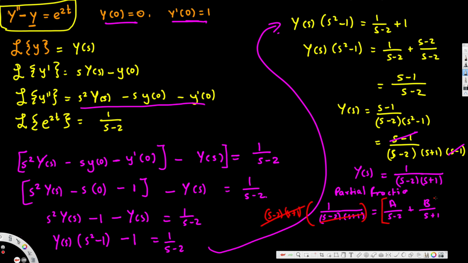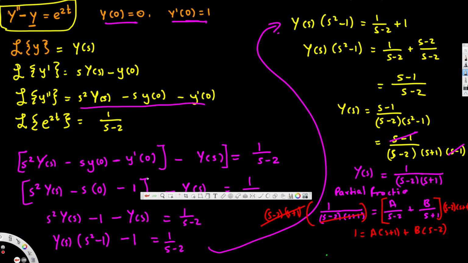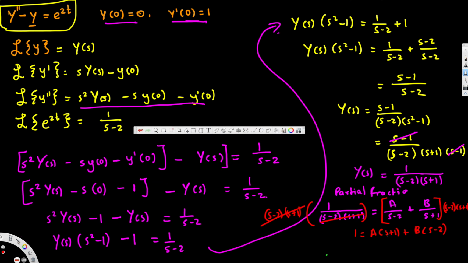So 1 is equal to, for the first one, s minus 2 cancels, so this is A times (s plus 1), and for the second one, s plus 1 cancels, s minus 2 remains, so B times (s minus 2). Now we have to smartly pick values for s such that one term becomes 0, so we can solve for the other one.